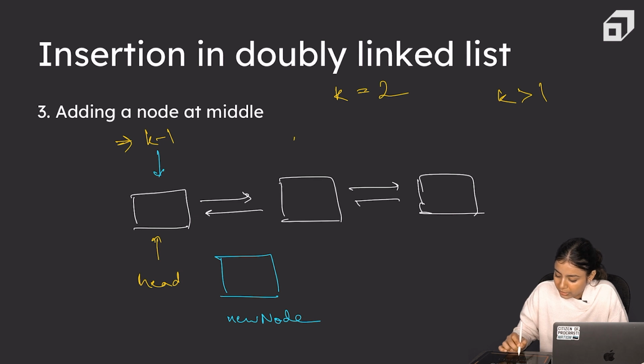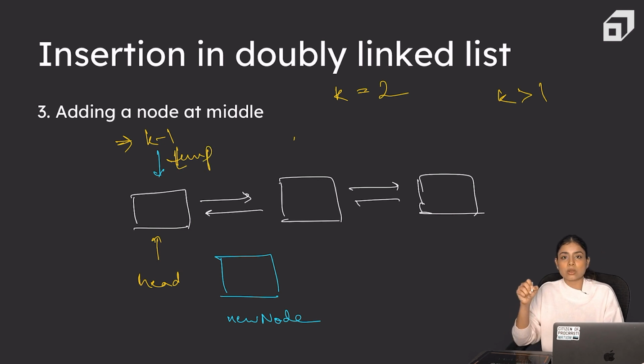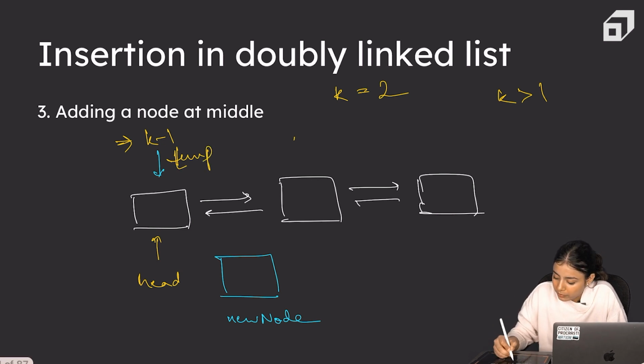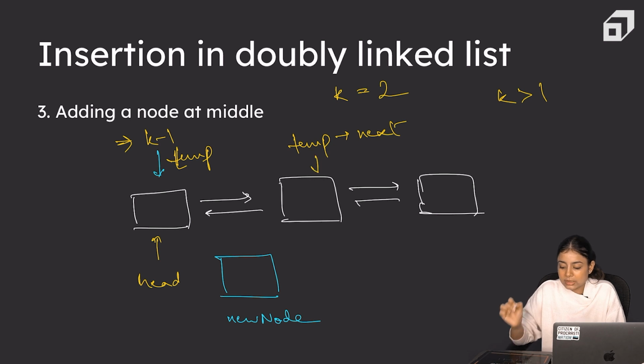What all will need to be changed? First of all, let's call this temp node, and this is temp's next.